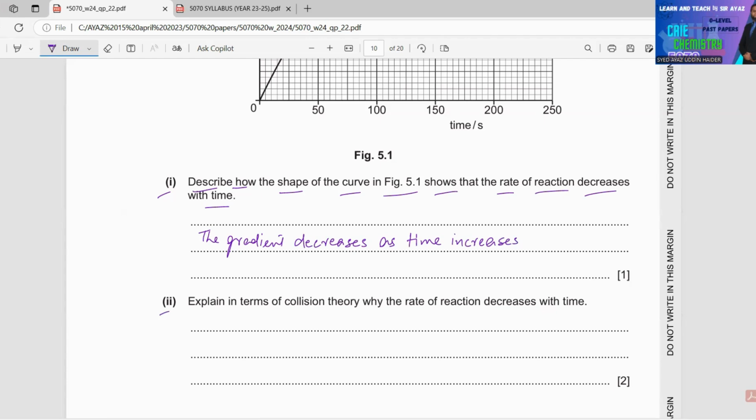Number 2, explain in terms of collision theory why the rate of reaction decreases with time. As time progresses, the number of particles decreases and the particles are also getting further apart. So the frequency of collision between these particles also decreases. So we will write particles get further apart.